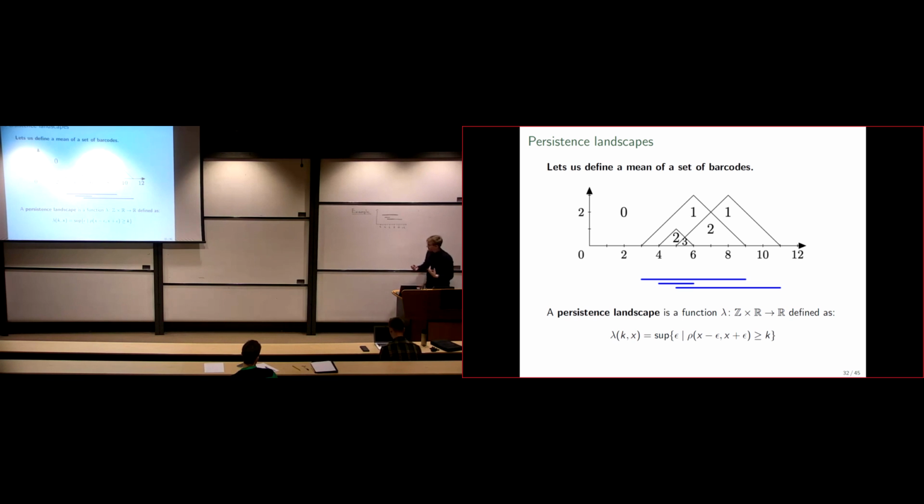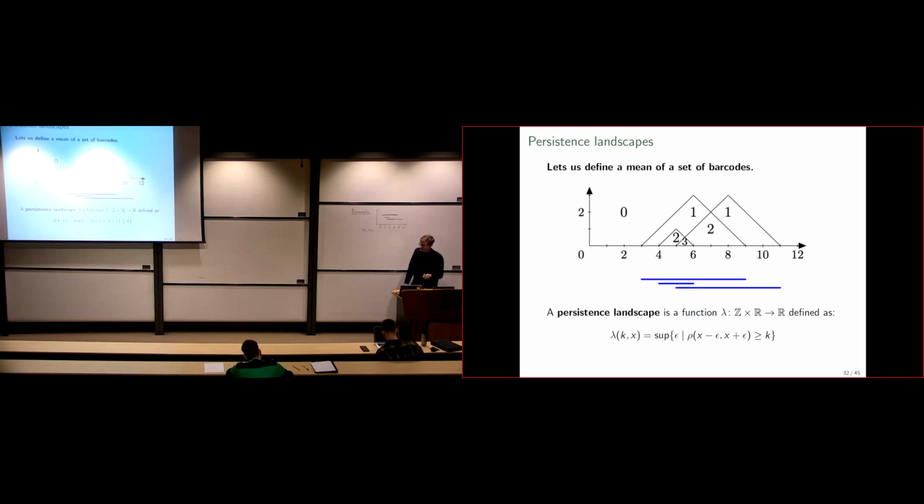So let's now compute the first persistence landscape from the definition. The first bar starts here at 3, so let's see what the value is at 3. From the definition, what we're looking for is the maximum epsilon, where epsilon is the filtration value, such that the rank invariant from x minus epsilon to x plus epsilon is larger than or equal to k.